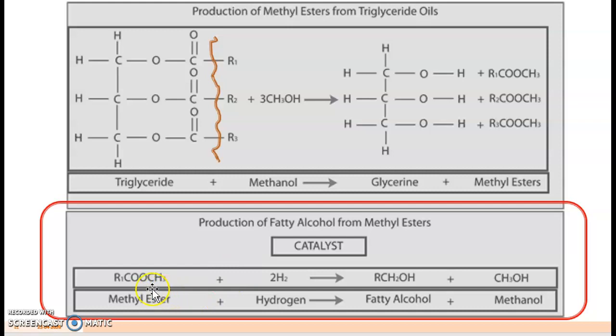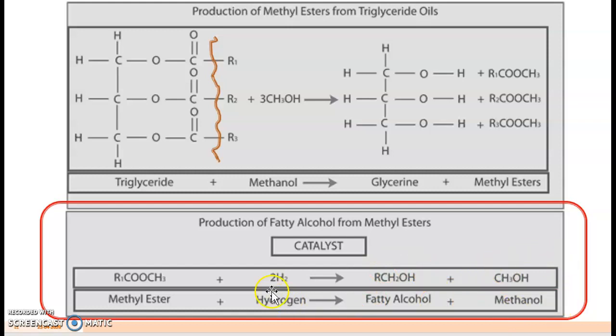So your methyl ester will go through the hydrogenation process. So we require 2 hydrogen here with the help of the catalyst. So it will produce your fatty alcohol and the methanol.